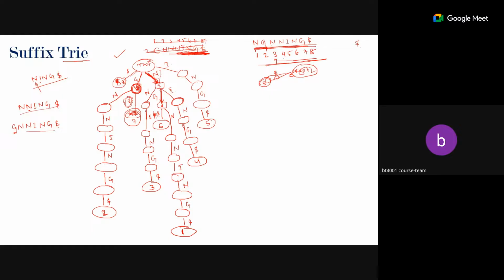Now what is the problem with suffix tries? We have a lot of edges with the degree 2. Degree 2, what do we mean? One node will have an out degree of 1 and the other node will have an in degree of 1. These kinds of edges are very prominent in suffix tries. As you can see here, for example, this particular edge is starting from this node, but there is only one child, then this edge is having one child, and so on.